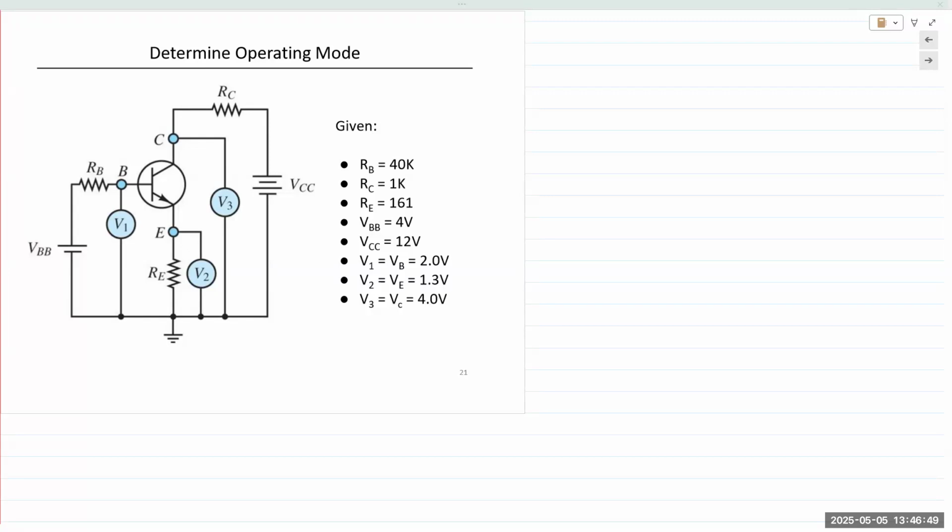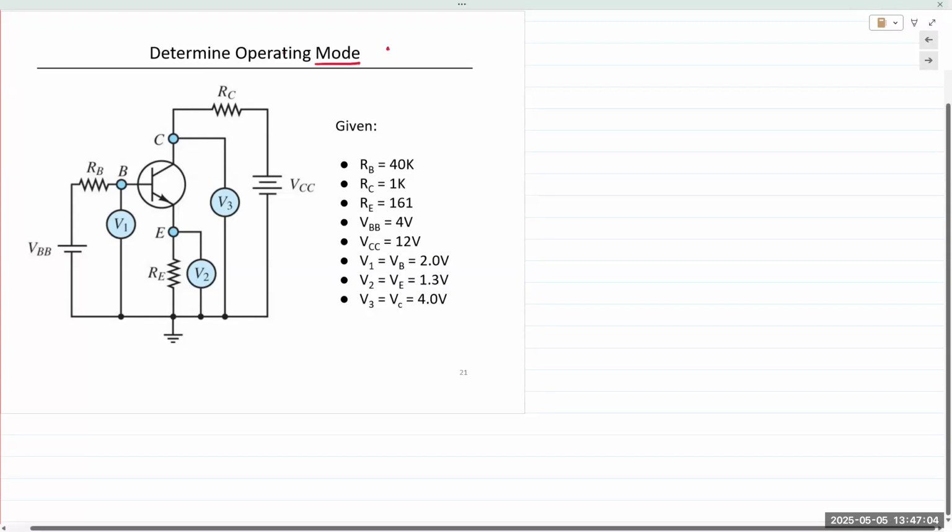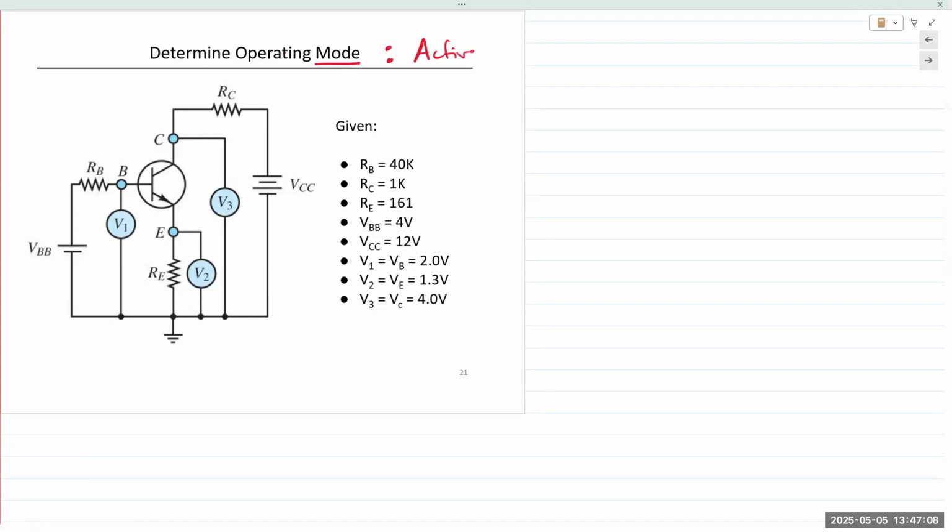Based on those, we can determine whether the transistor is in saturation or cutoff or is in the active region. When we say mode of operation, the mode is basically trying to determine which region it's operating in: active, saturation, or cutoff.